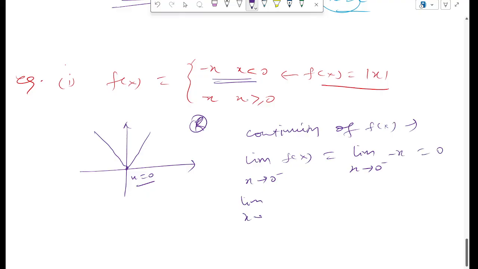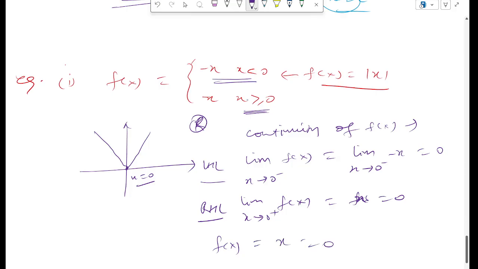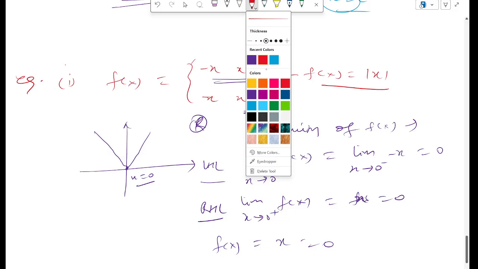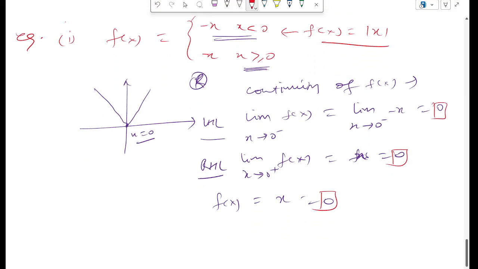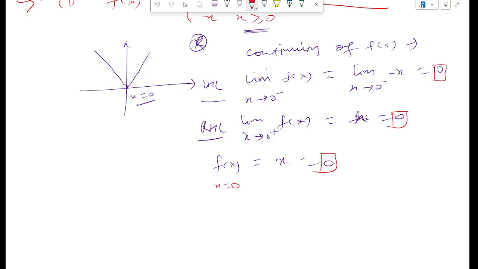And again limit x tends to 0 plus, the right hand limit, where f(x) is x, which will again give you 0. And the function value at x equal to 0, the equality sign is here, so this will also give you x, which is 0. So here by the 3-step test we can see that all three values are equal: left hand limit, right hand limit, as well as function value at x equal to 0 is 0. All are equal. So f(x) is continuous.